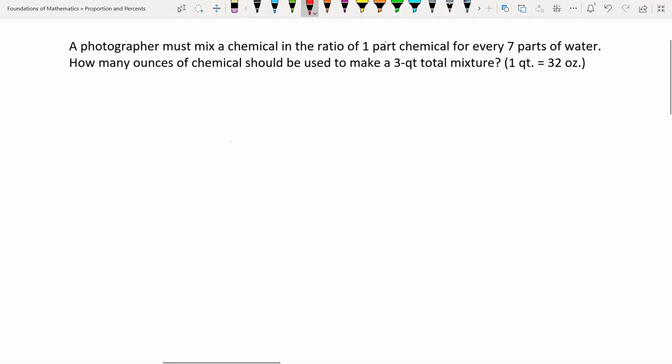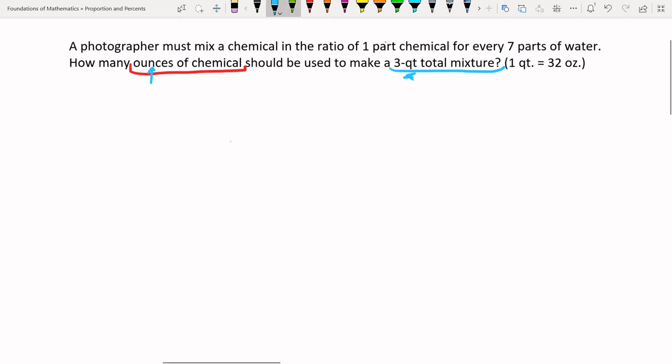What's important to note here is that we want to know how many ounces of chemical need to be used. We also know that we have a 3-quart total mixture. The problem is that we want ounces of the chemical, and here we have quarts. Whatever unit we're going to use in mathematics is the unit we're going to get out, so we want ounces.